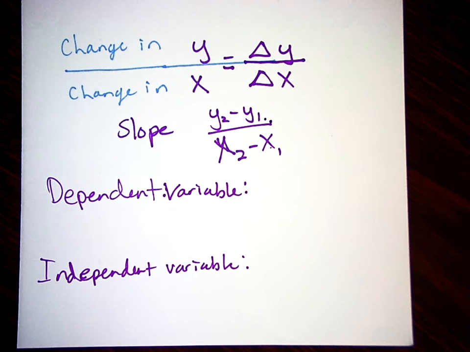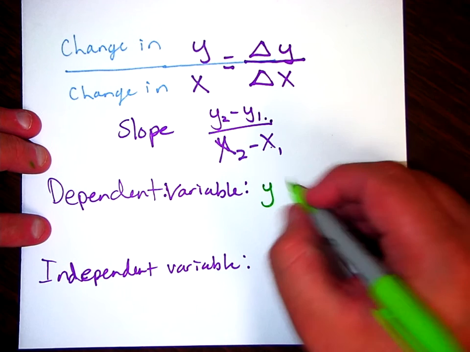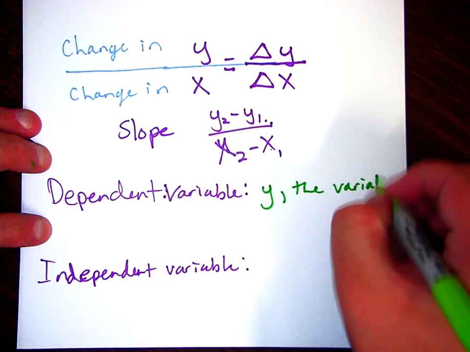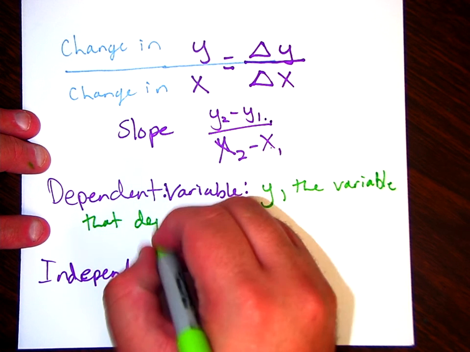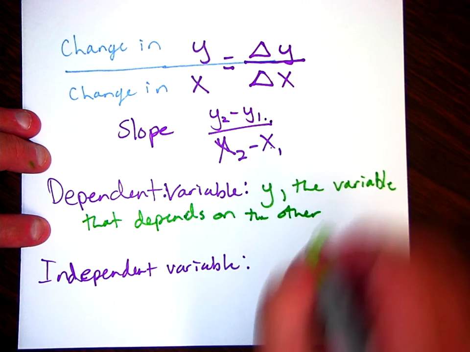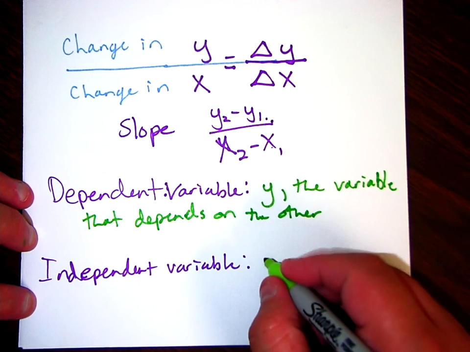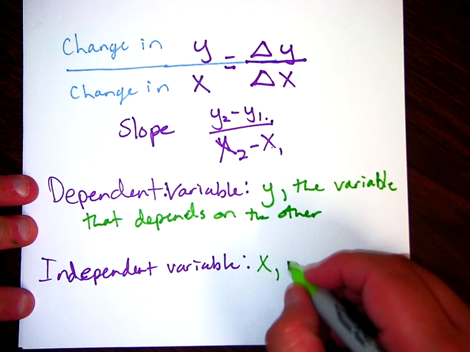Your dependent variable is the thing that depends on the other variable, and it is always going to be y. Your independent variable is always going to be the x. This is what you put into the equation. These are your inputs.